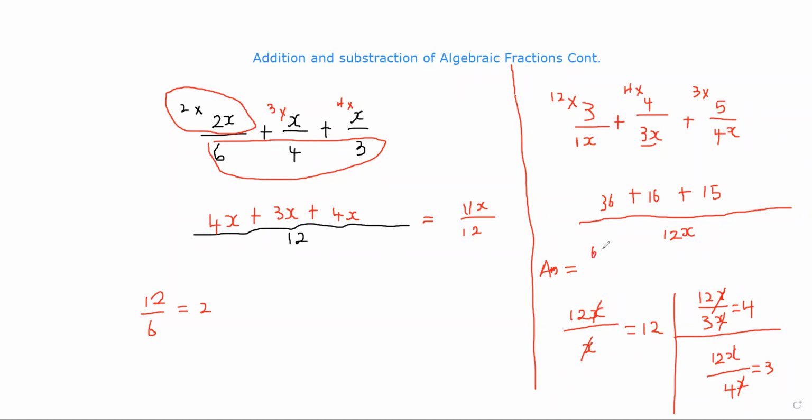So we have 67 divided by 12x. That's the answer. So nothing too difficult. You just have to remember how you use algebraic terms when you're dividing, when you're multiplying, and so forth. So persons who can get this, take this down, and then we do a next one with a little twist in it.